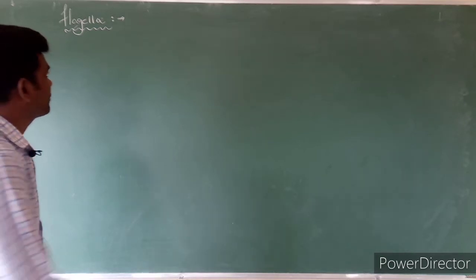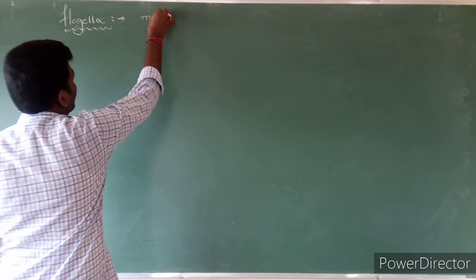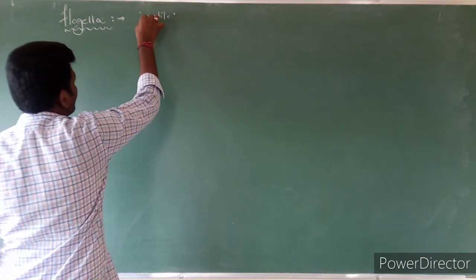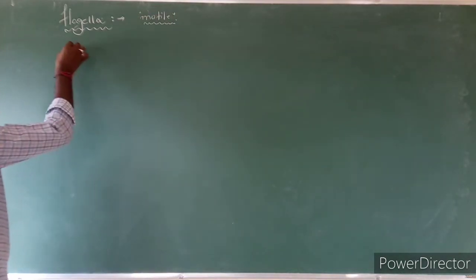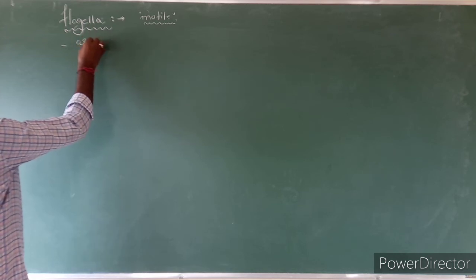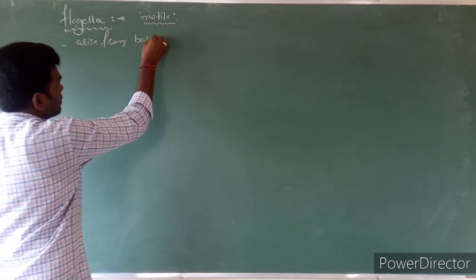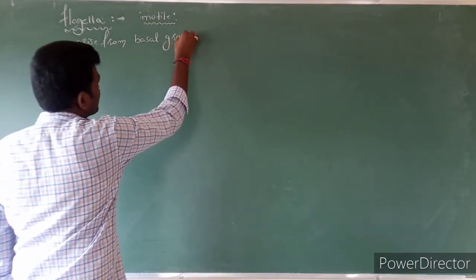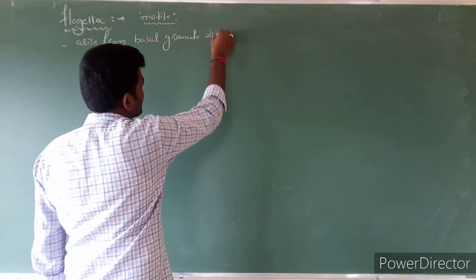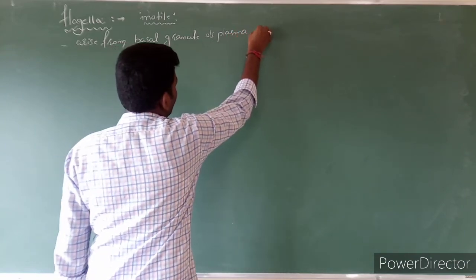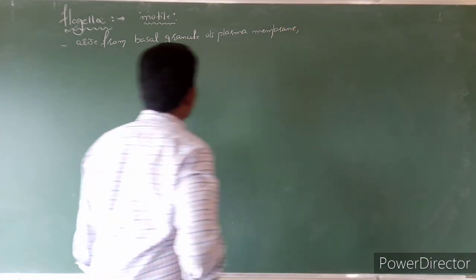Next, flagella. Flagella or flagellum is useful for the movement of bacteria. Flagella arise from basal granules of the plasma membrane.